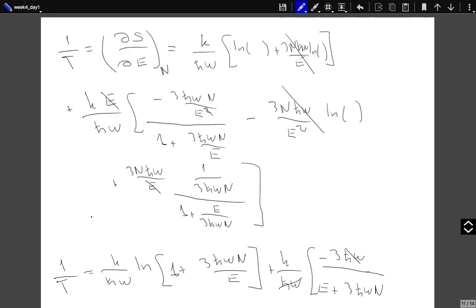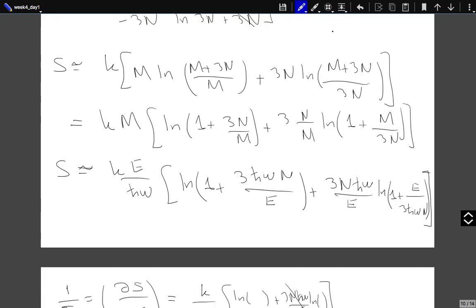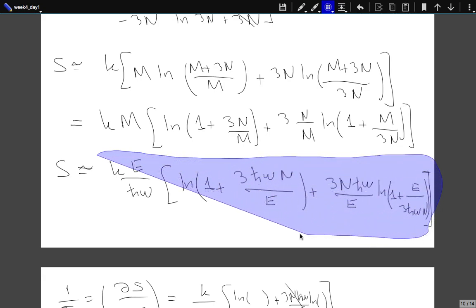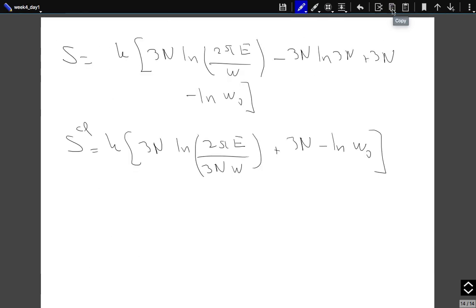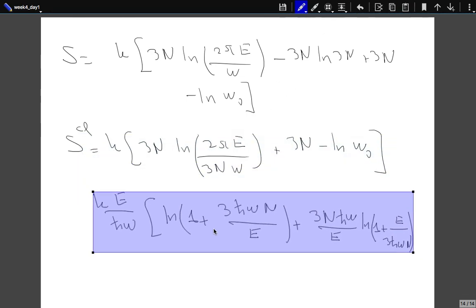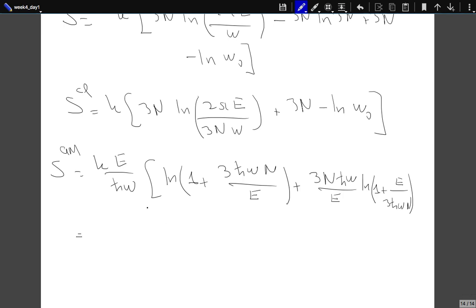Now let's look at what the entropy was in the quantum mechanical treatment. Let me just multiply out everything first.